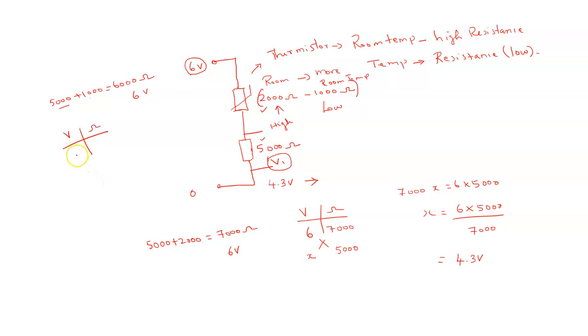Again you do the cross multiplication. I want to find the voltage across the 5000 ohm. 6000x is equal to 6 times 5000, so the answer is 5 volts.